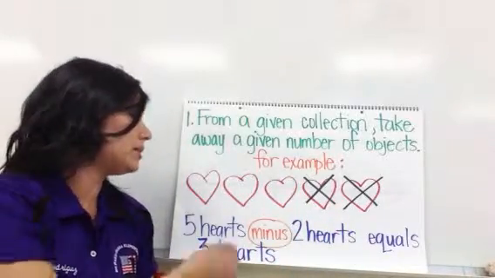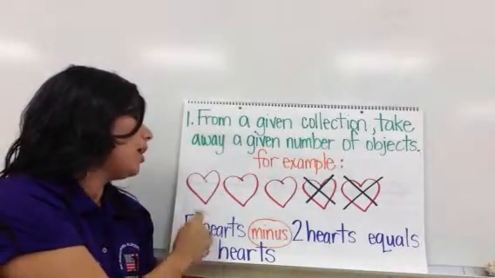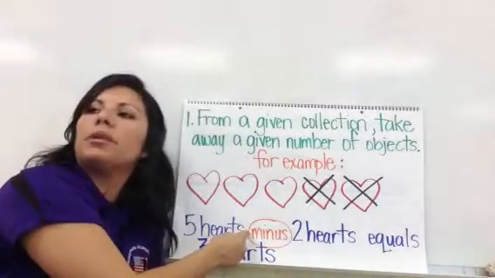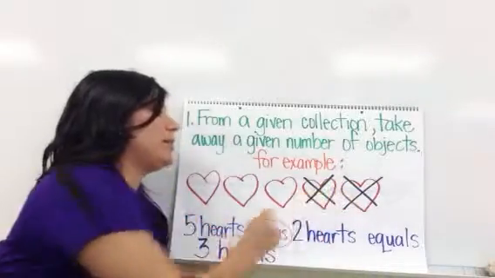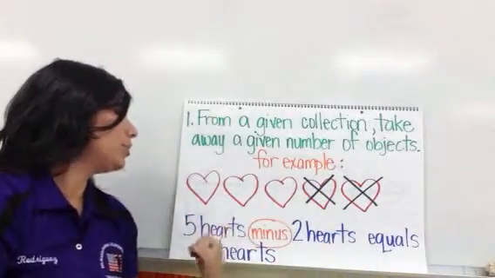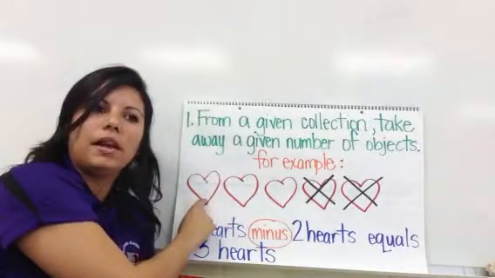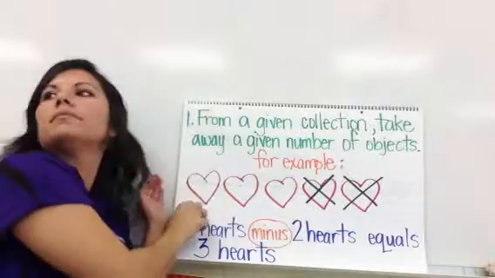Now the reason we cross them out is because if you look down here to the sentence, it says 5 hearts, which is these right here, minus, again boys and girls, this word minus means to subtract, 2 hearts, which means I crossed out 2 of these hearts, equals 3 hearts. That means I have 3 hearts that are left over. So this is one example, one way that you can subtract.